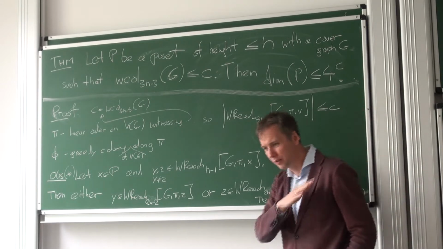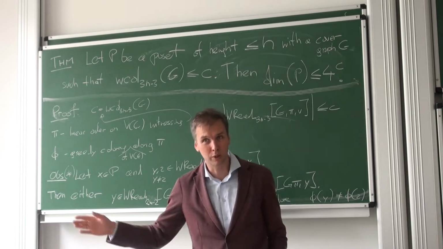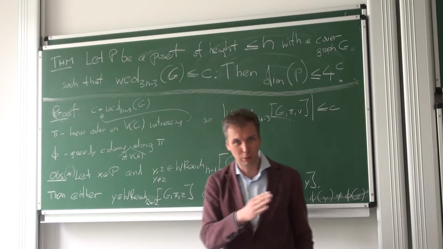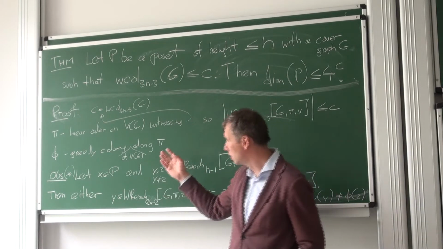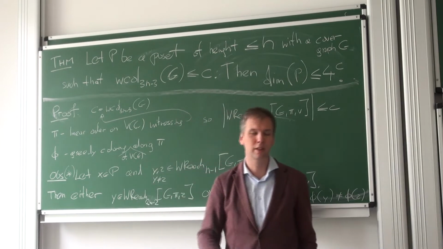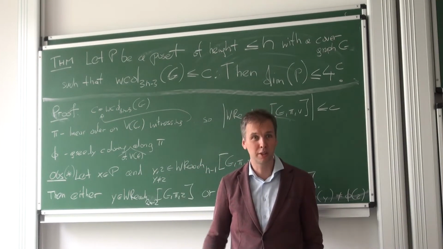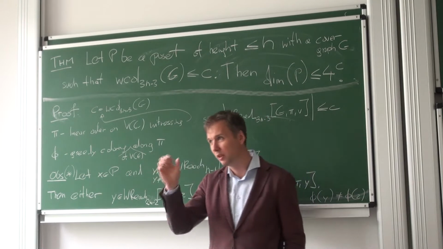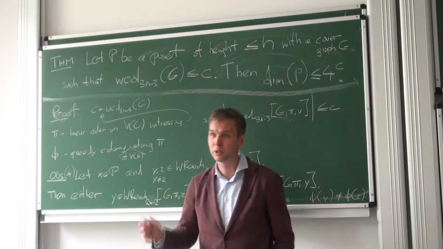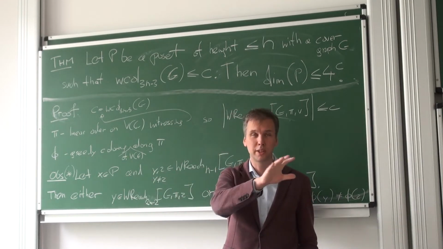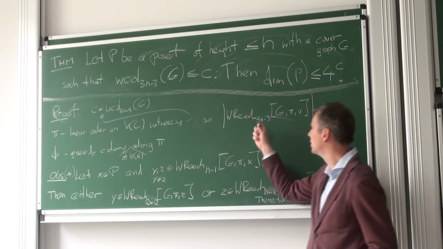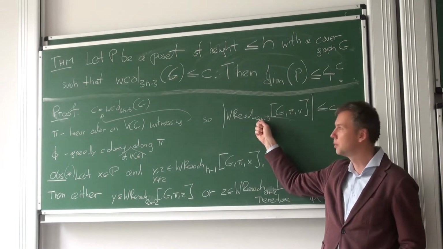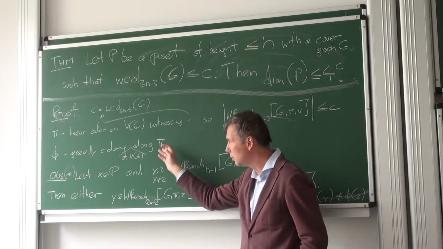And then, given pi, we do the greedy coloring along pi. So we go one by one, we look at the vertices and we apply the smallest possible color such that you avoid the colors of all the vertices that appear on its weakly reachable set 3h minus 3.